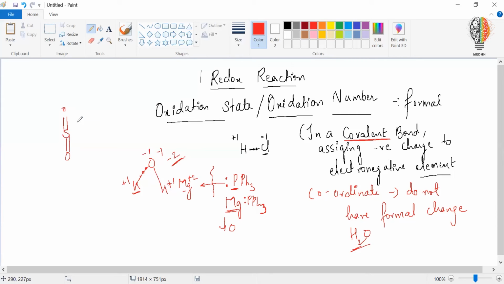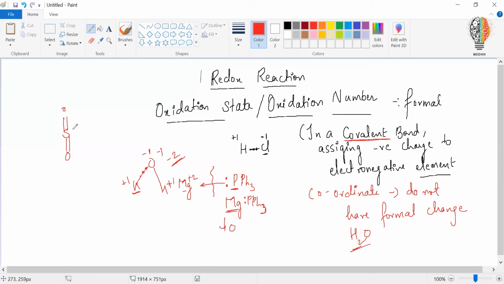Because if you don't know that, you won't be able to come to know which one is the oxidation part and which one is the reduction part, which species is going under oxidation and the other one is going under reduction. So for that purpose, you need to first calculate the oxidation state. If a few of you might be knowing it, you can just increase the playback speed and go to the next part.